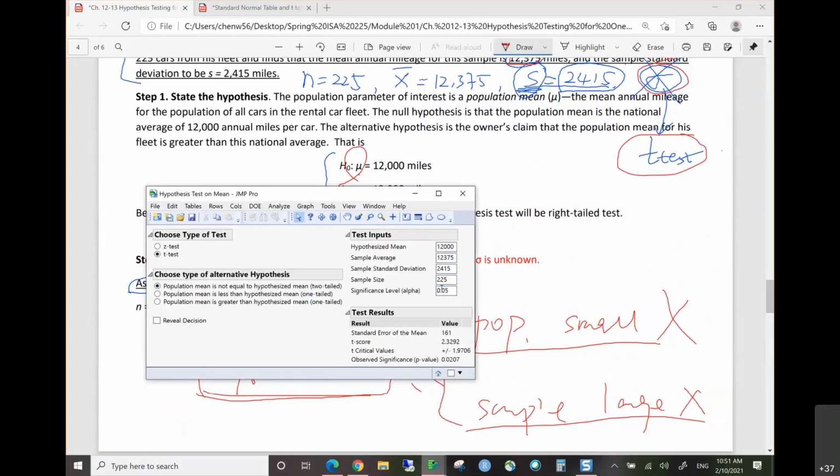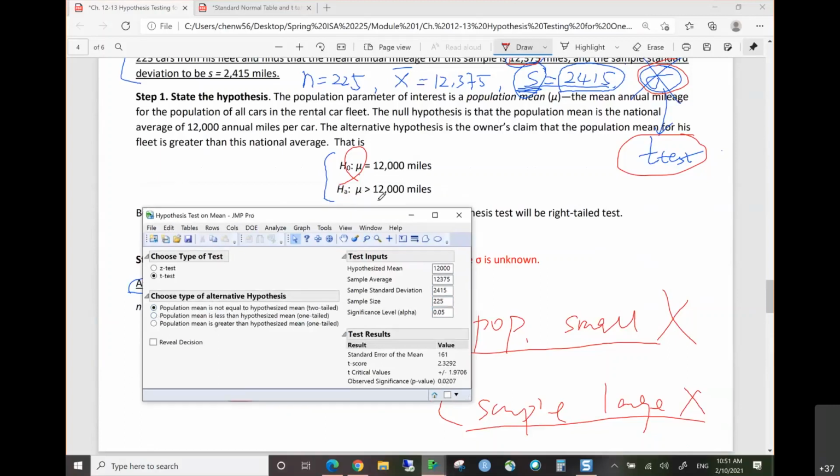If you enter that, this is the p-value for the two-tail hypothesis. If you want, in our case, larger than, that will be greater than the hypothesized mean, will be this, right? So your p-value will be half, right? So it will be 0.0104. Good question. I forgot to talk about that.